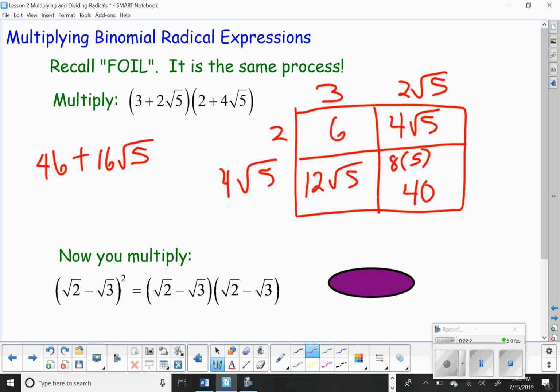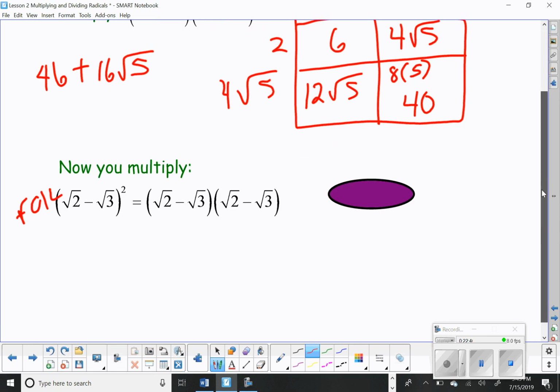Now the next one down here that I have multiplying, I'm also showing you that if you wind up with a binomial squared, remember that you must FOIL it: first, outer, inner, last. Now you can either FOIL, you don't have to use the multiplication box. You can simply do square root of 2 times square root of 2 is 2.